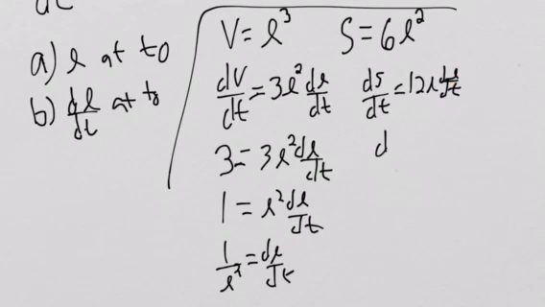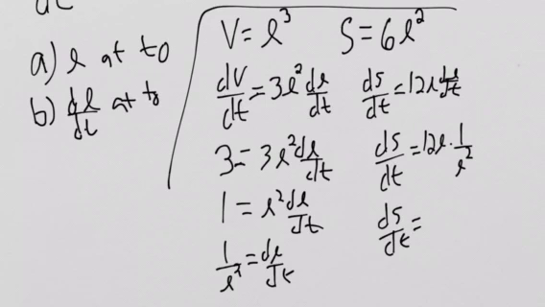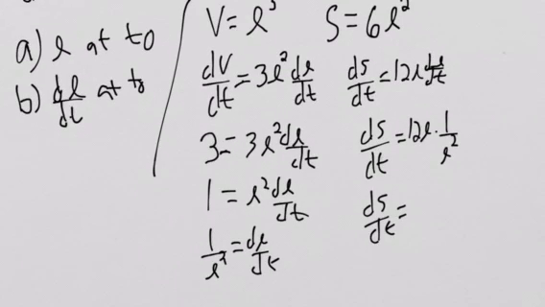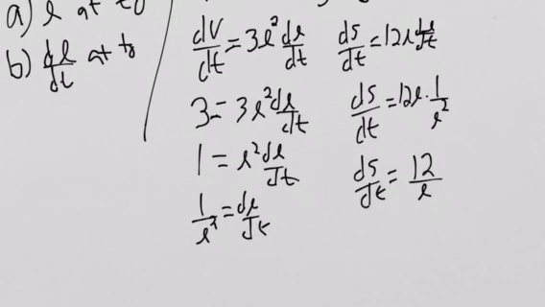So now we get dS/dt equals 12L times 1 over L squared. So then dS/dt is going to equal 12 divided by L.